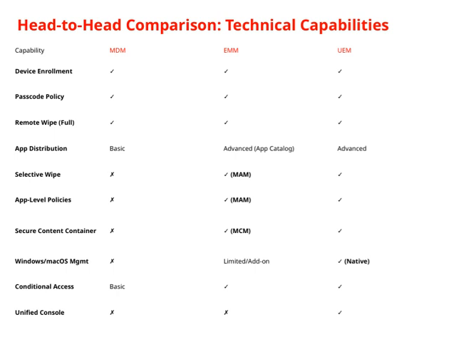Finally, the unified console is a key differentiator. Only UEM offers a single, integrated dashboard to manage all devices and platforms, which simplifies administration and improves overall efficiency. In summary, while MDM covers the basics, EMM and especially UEM provide a broader, more integrated set of capabilities to meet complex security and management needs in today's diverse device environments.